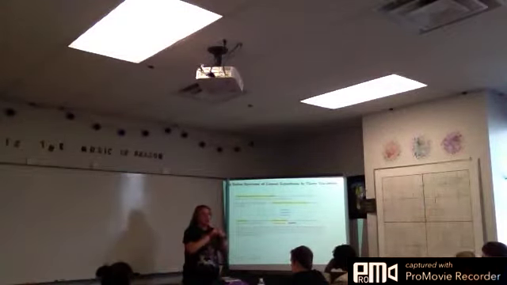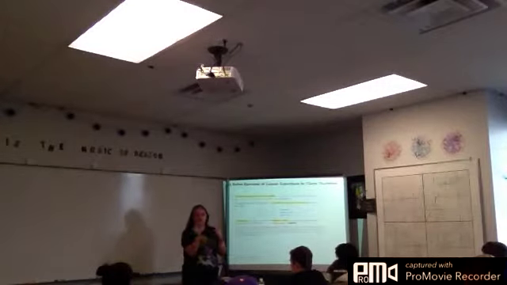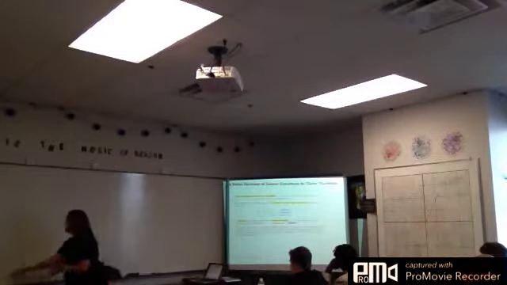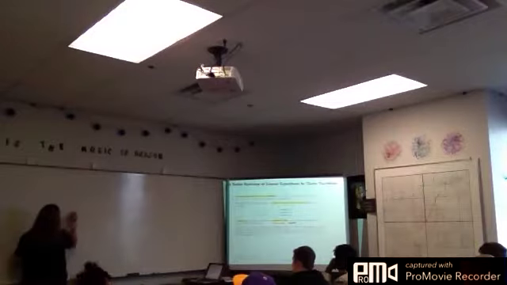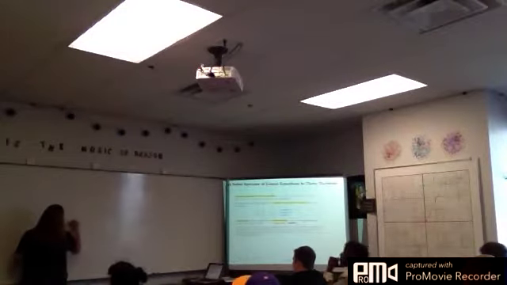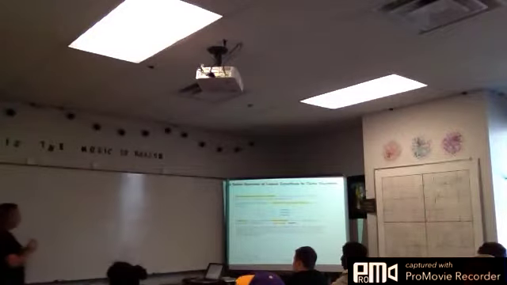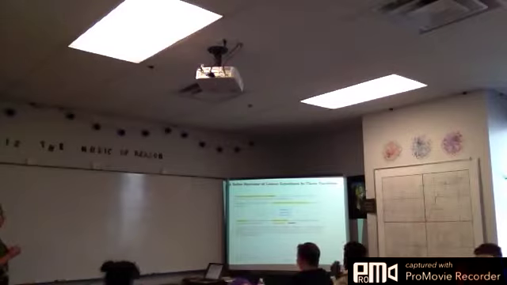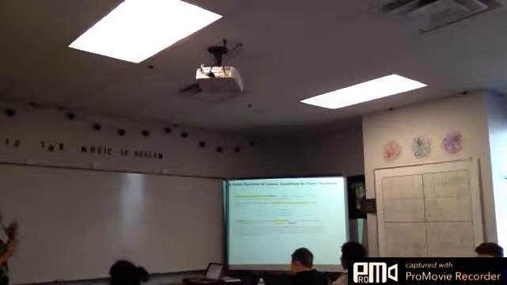If 2 lines intersect, what do they create? A point. So when 2 lines intersect, they form a point. When 2 planes intersect, they form a line.